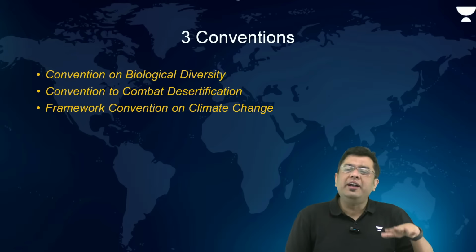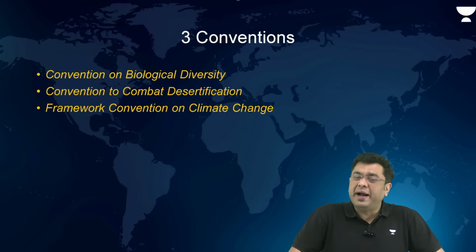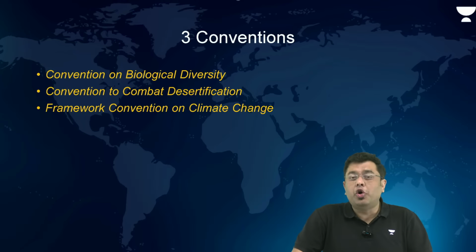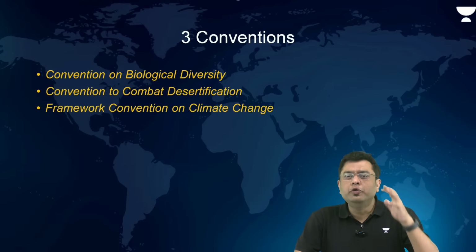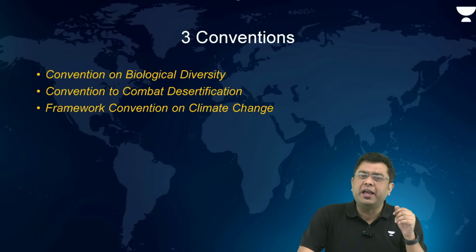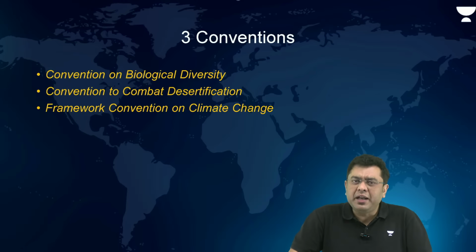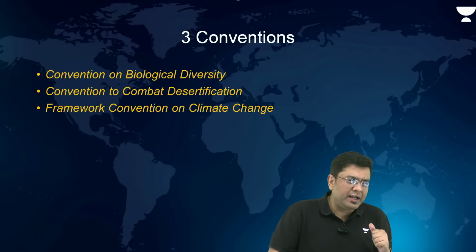The land quality is getting degraded. That is where Convention to Combat Desertification. And you also had the United Nations Convention on Biological Diversity in order to ensure sustainable use of biodiversity, protection of biodiversity, as well as the fair and equitable sharing of the benefits associated with the biodiversity to the indigenous population. So these were the major conventions which were laid out.